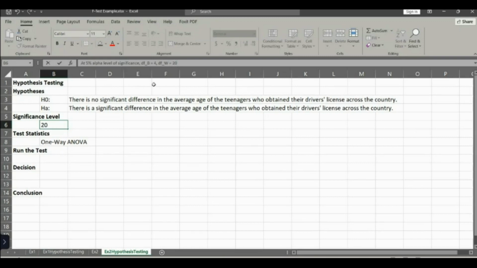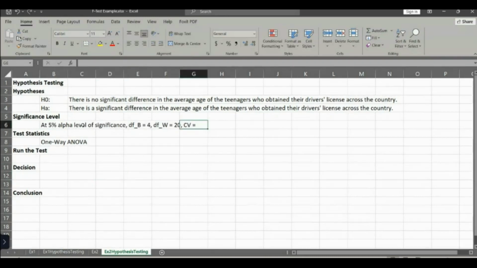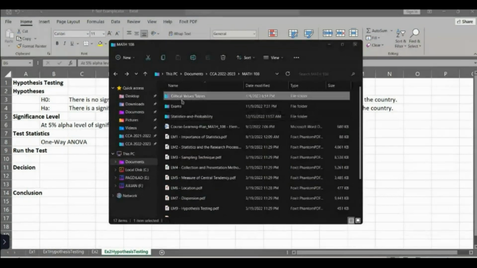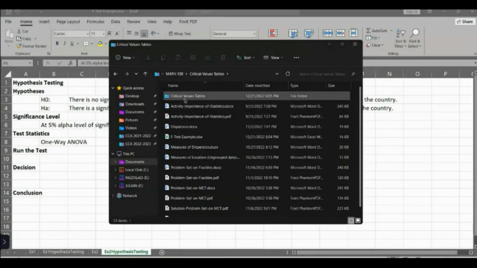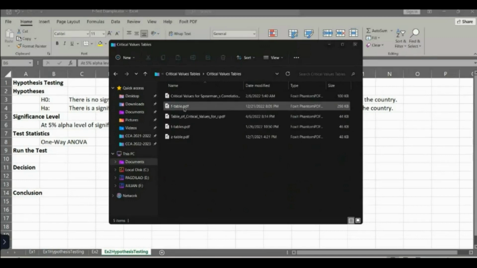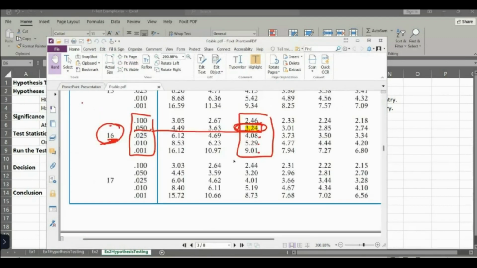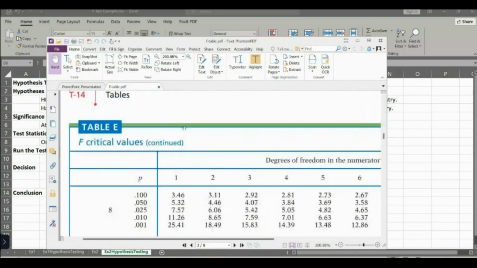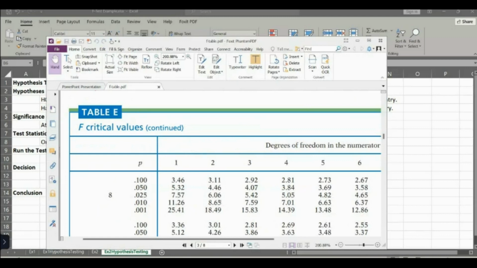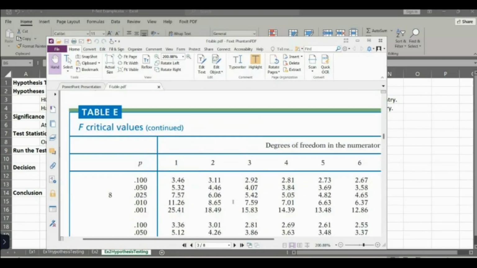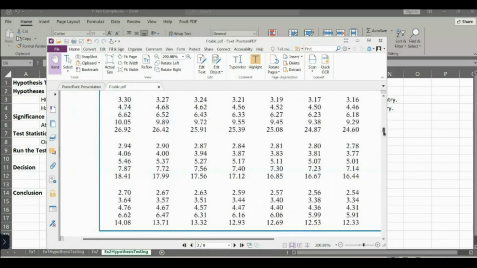Okay, with this information, we were now able to identify the critical value. Do you still have your tables? Where is my critical table? The F table. So, wait lang.